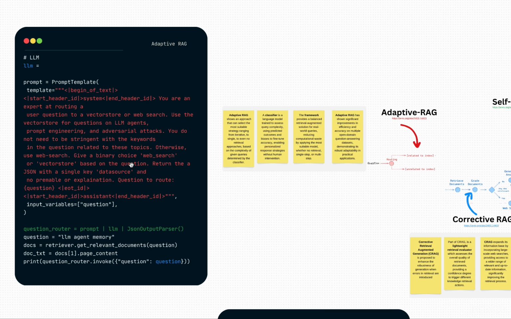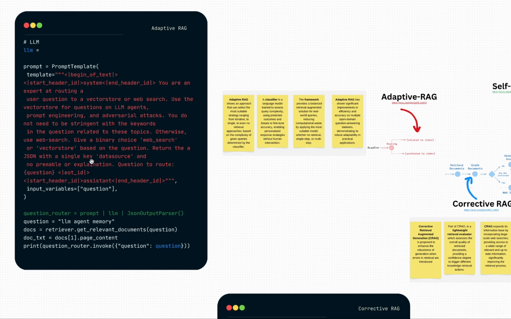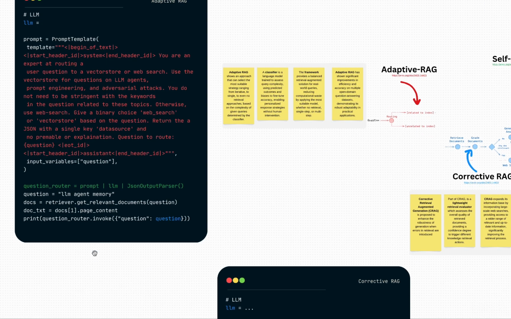It is a binary choice, either web search or vector store, and we complete this prompt template. We will create our router, which takes the prompt, the LLM, and the parser to generate the outputs. And here I am doing an example that I will show later.